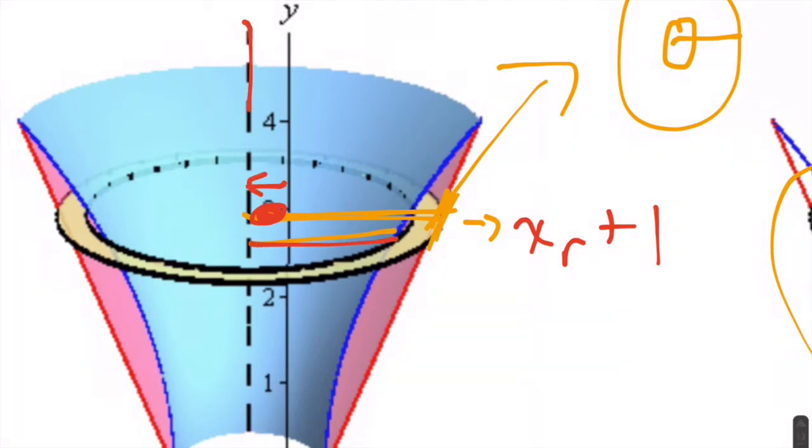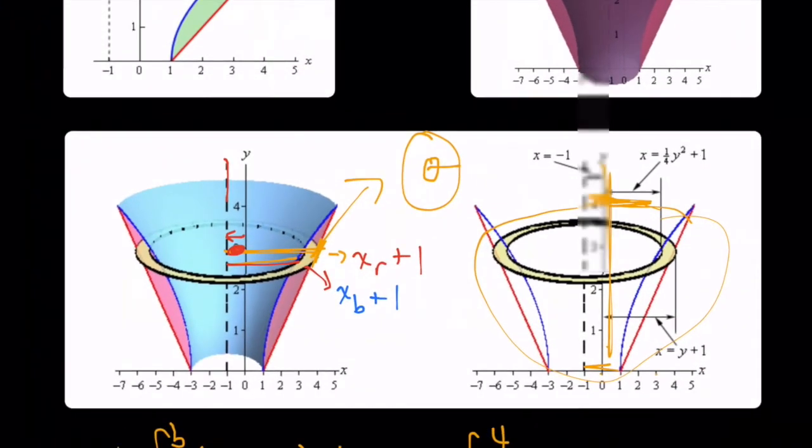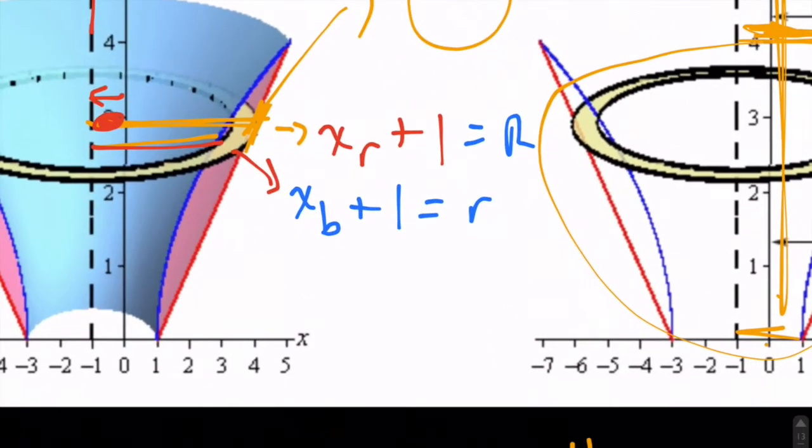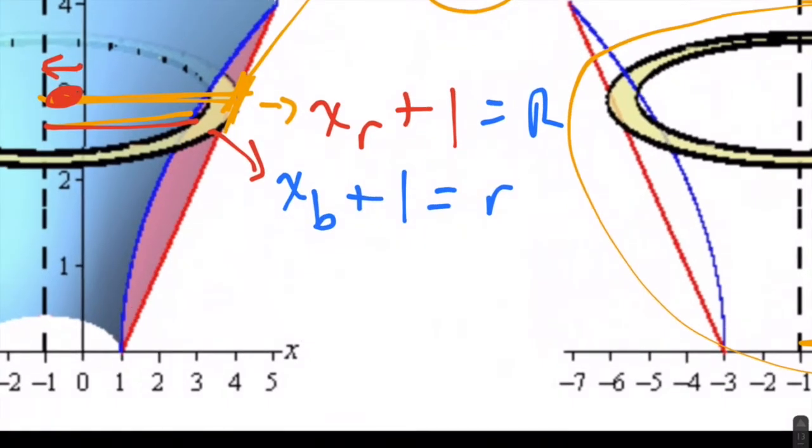Similarly, for the inner radius, it would be x of b, the x value of the blue function, plus 1. So now we can plug in this formula, because we know that this would equal the outer radius, this will equal the inner radius. And we can also find out what x of r and x of b are.